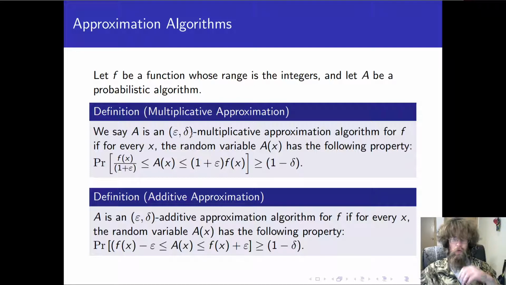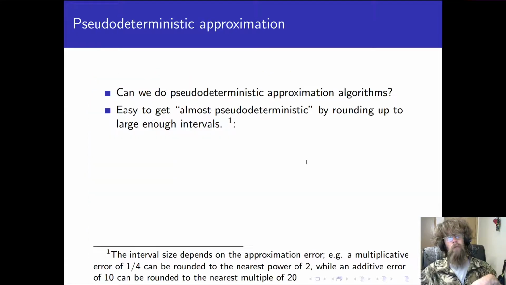You can consider a multiplicative approximation, which means that you're off by some factor based on this epsilon, or an additive approximation where you're within plus or minus epsilon. And what we'd like is to get pseudo-deterministic approximation algorithms. And it's easy to get really close.